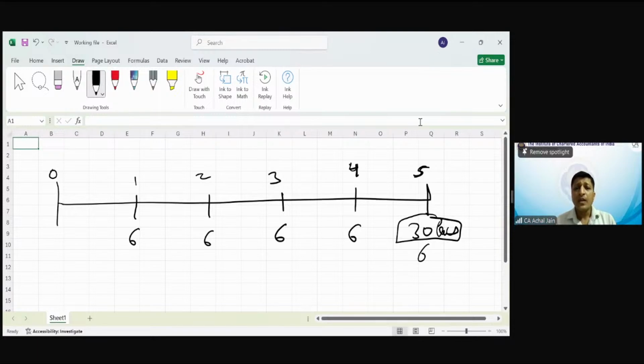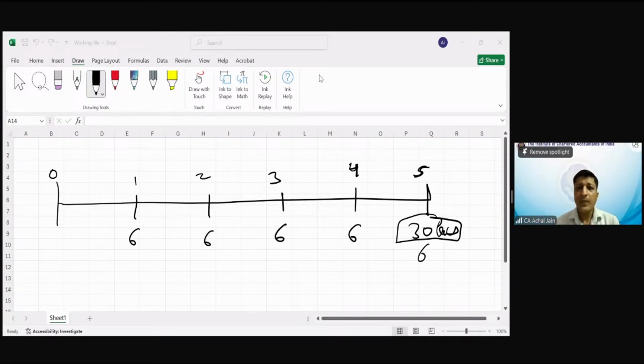Yes or no? This charge of 6 lakhs is based on the future value. Rohit is asking, sir, how did you compute 6 lakhs? Simply 30 lakhs divided by 5. Over a period of 5 years, this cost has to be incurred. So that's why. Or you can say at the end of 5th year, this 30 lakhs is payable. Okay. So that's the basis we have picked up.